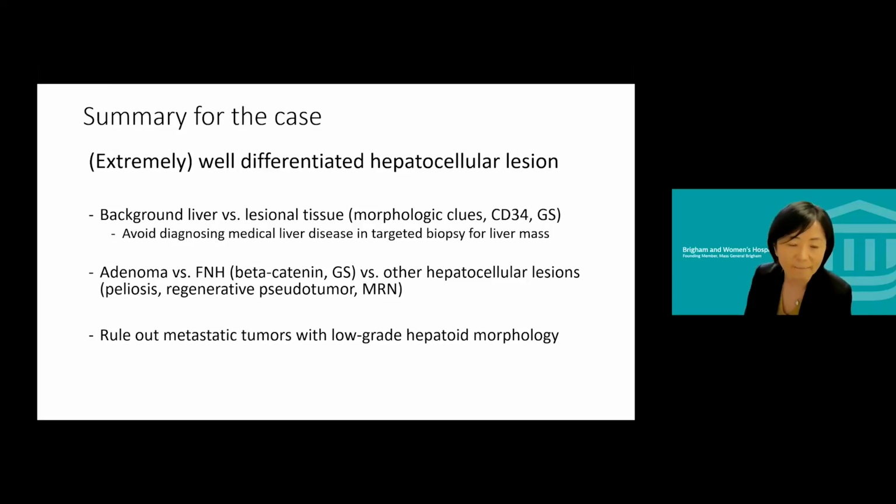That's because most of these findings, portal inflammation, biliary obstruction, sinusoidal dilatation, are commonly due to mass compression effect, like nearby mass effect, rather than a true background liver disease. And then the differential diagnosis for a well-differentiated hepatocellular lesion really mainly includes adenoma and FNH. And lastly, always rule out other metastatic tumors with low-grade hepatoid morphology.